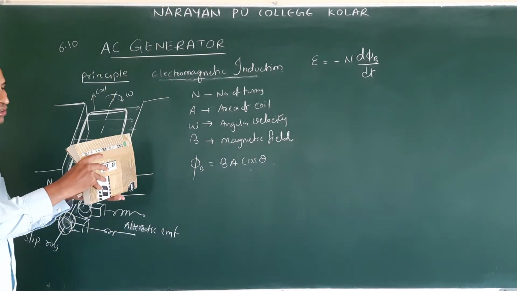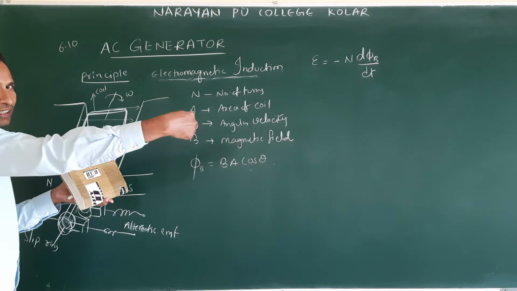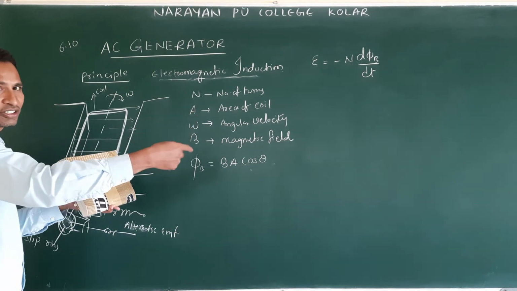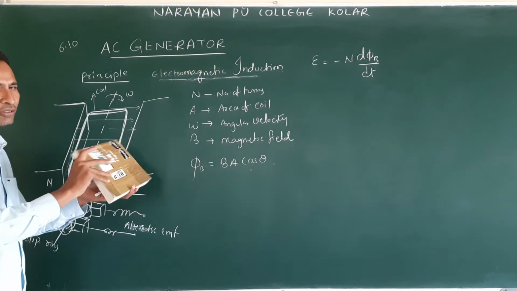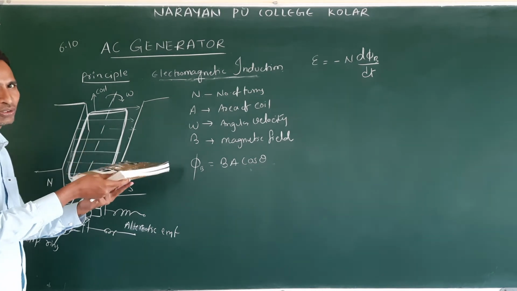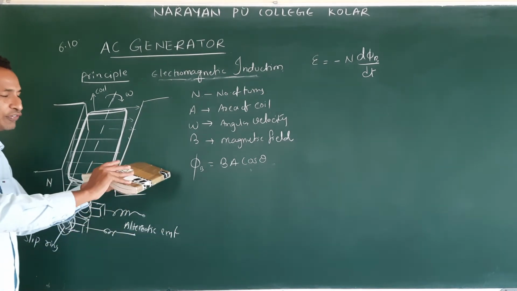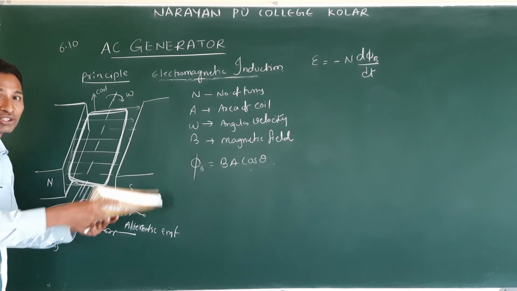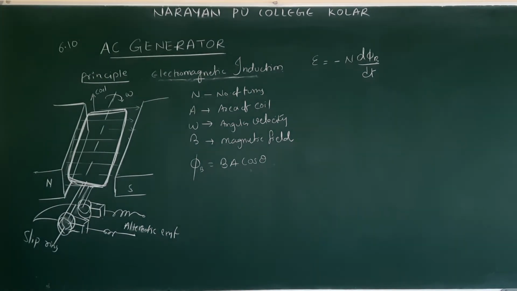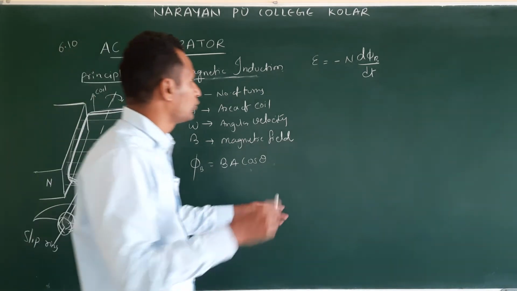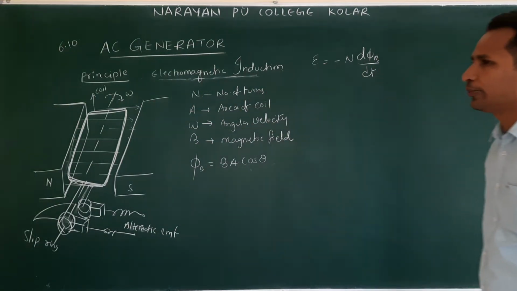When the magnetic field and area vector are in the same direction, theta is 0. Flux is maximum. As it is rotating, what happened? In one rotation, 2 times flux is 0, 2 times flux is maximum. So as the rectangular coil is rotating, the flux is continuously varying. So this varying magnetic flux, what does it do? It develops the EMF.